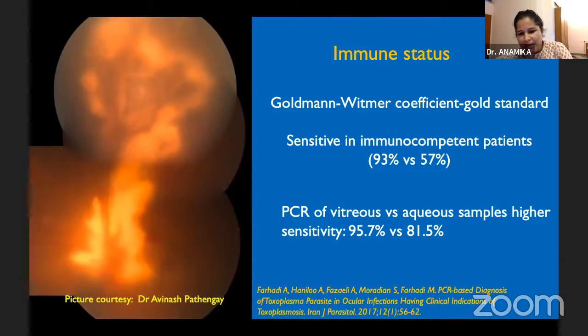The reason why we keep seeing various kinds of PCR profiles is because not one DNA is analyzed. That's the reason why in an immunocompromised patient, the PCR yield through vitreous is better.